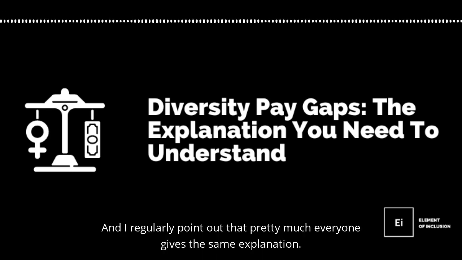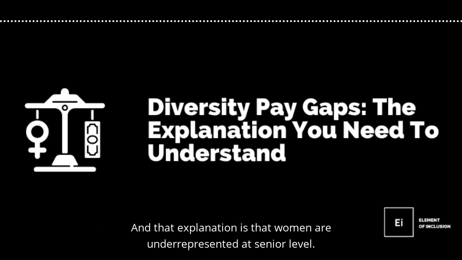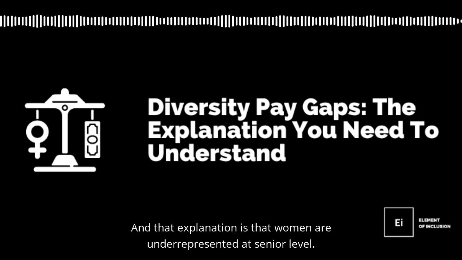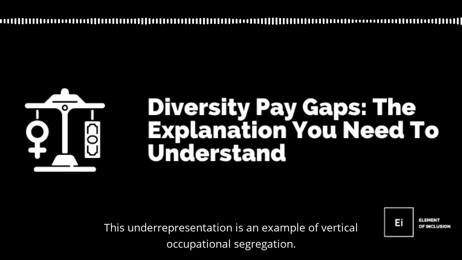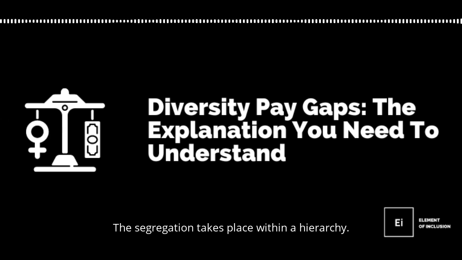And I regularly point out that pretty much everyone gives the same explanation. And that explanation is that women are underrepresented at senior level. This underrepresentation is an example of vertical occupational segregation. The segregation takes place within a hierarchy.